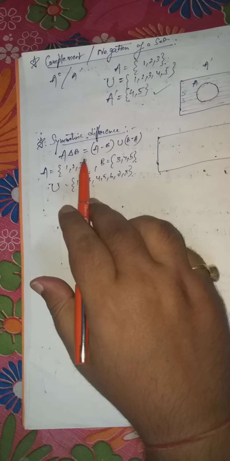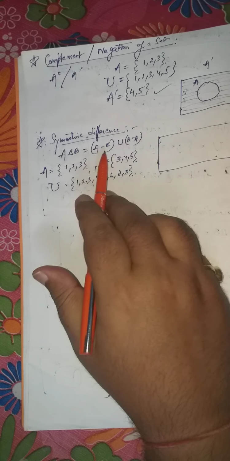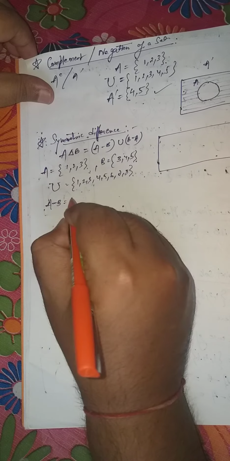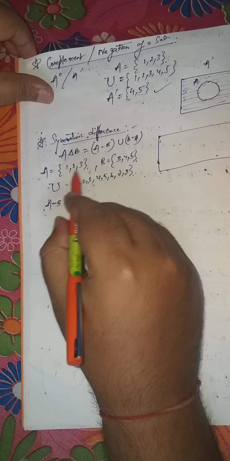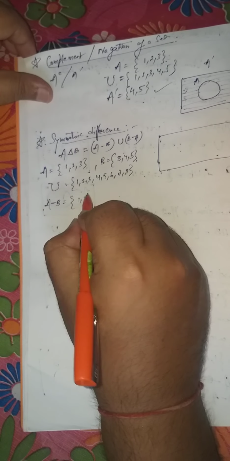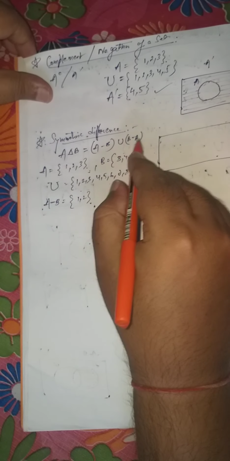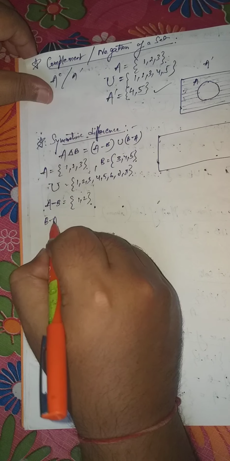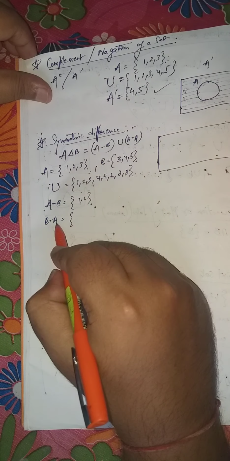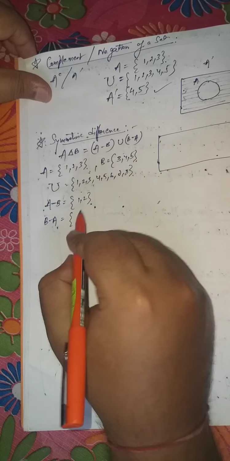For symmetric difference, the first thing is what? A minus B. You have to find A minus B. A minus B means you have to write set A, but you have to exclude the elements which are there in B, subtract B. So you will get 1 and 2. And the second thing, B minus A. So B minus A means you have to write B, but you have to subtract the element which is there in A. So 3. You have to write.